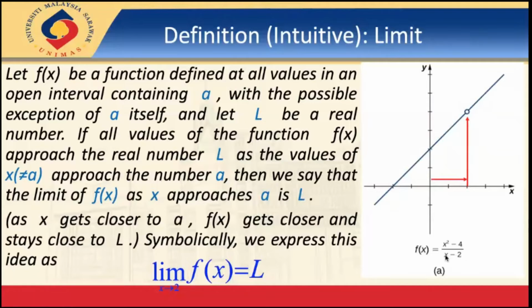But in the same function, if we don't use the value x equal to 2, but use a value very near to 2, like for example 1.9, 1.995, 1.96, 1.99, and so on, then we will get another value, and that value is almost close to 4 in this case, and this 4 we represent by the letter L. Okay, and it is the same definition.